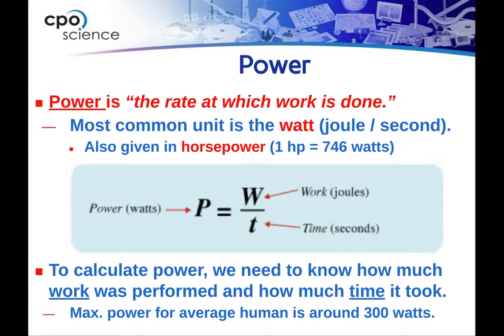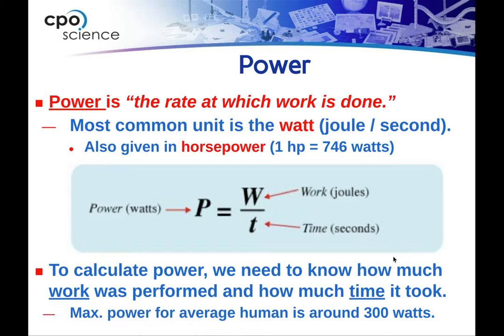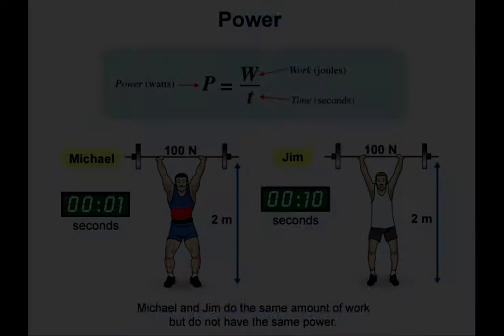We just say 3.5 horsepower. To calculate power, we need to know how much work was performed and how much time it took. Just a little fun fact: the maximum power in a human is around 300 watts.